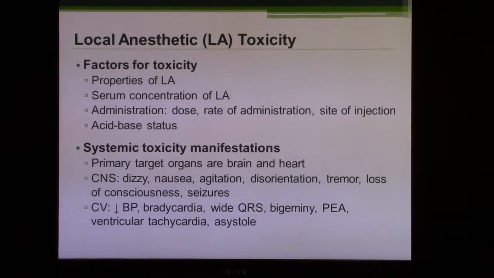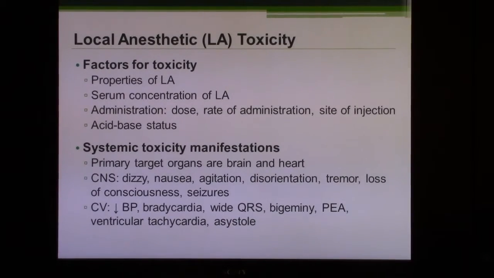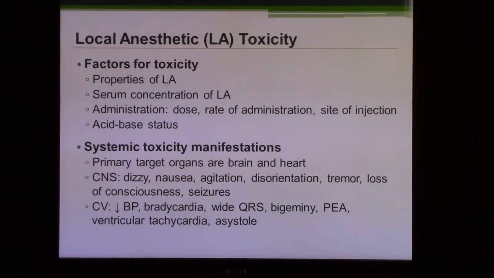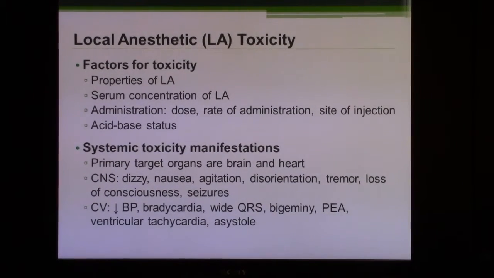So what are the manifestations of this toxicity? The primary target organs are the brain and the heart, because these are the organs that are highly perfused and they have the sodium channels. For CNS manifestations, you can see dizziness, nausea, agitation, disorientation, tremors, loss of consciousness, or seizures.